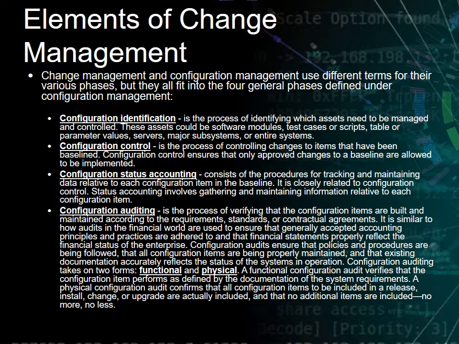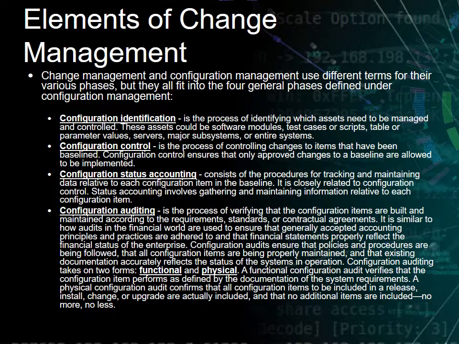It is similar to how audits in the financial world are used to ensure that generally accepted accounting practices and principles are adhered to, and that financial statements properly reflect the financial status of the enterprise. Configuration audits ensure that policies and procedures are being followed, that all configuration items are being properly maintained, and that existing documentation accurately reflects the status of the systems in operation.